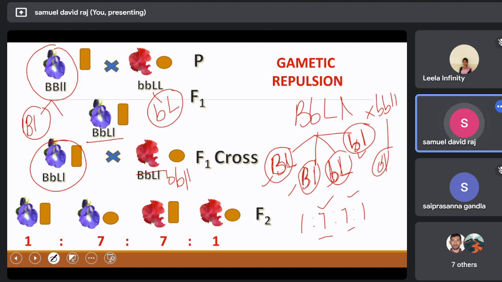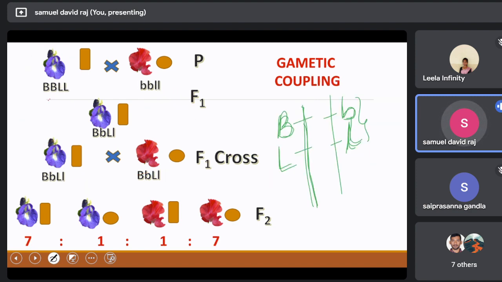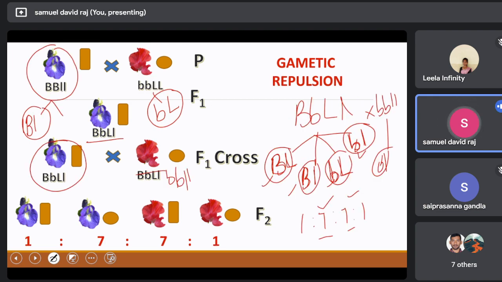Why is this so? Bateson and Punnett say that as in this cross, the parental combinations are passed on to the next generation. Here also the parental combination is capital B, small l and small b, capital L. This is the combination seen in the gametes of the parental generation.